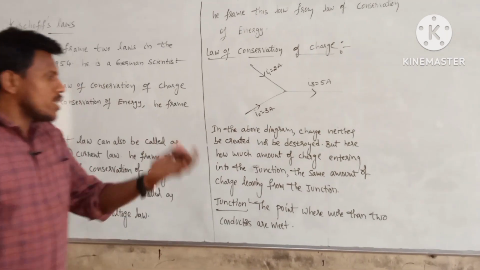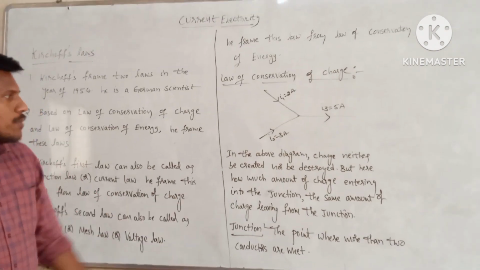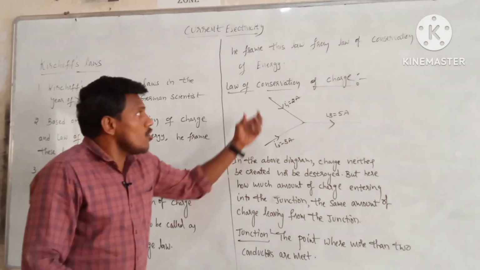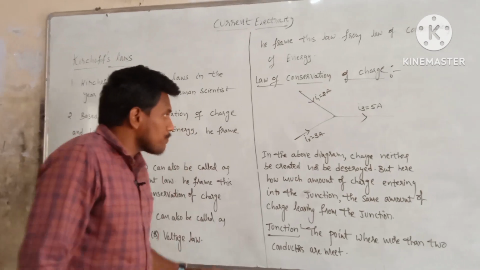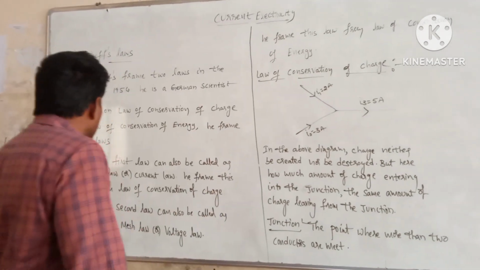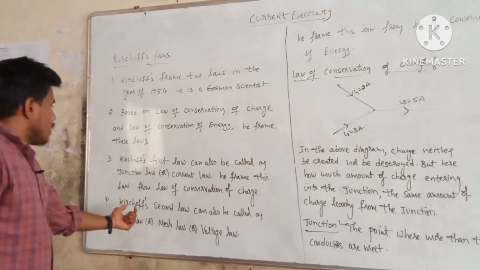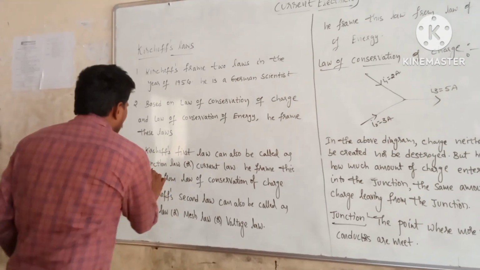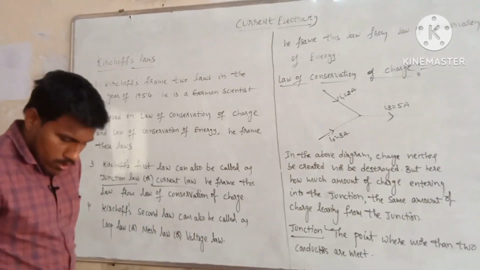The point where more than two conductors meet can be called a junction. So based on the law of conservation of charge, Kirchhoff framed the current law or junction law.